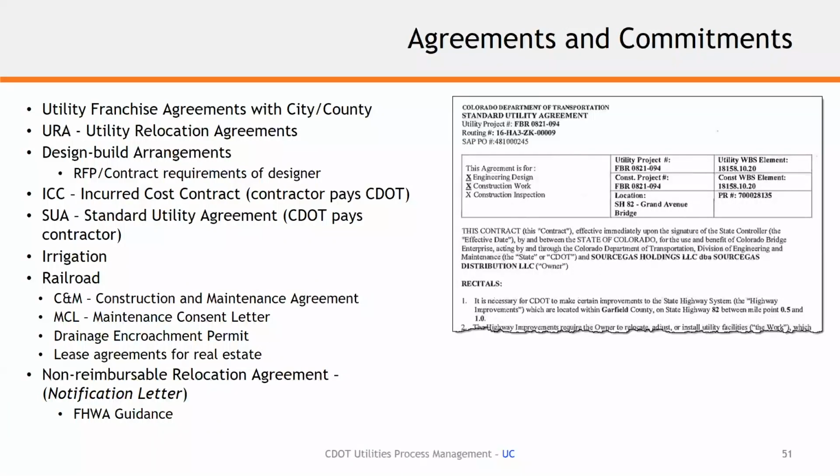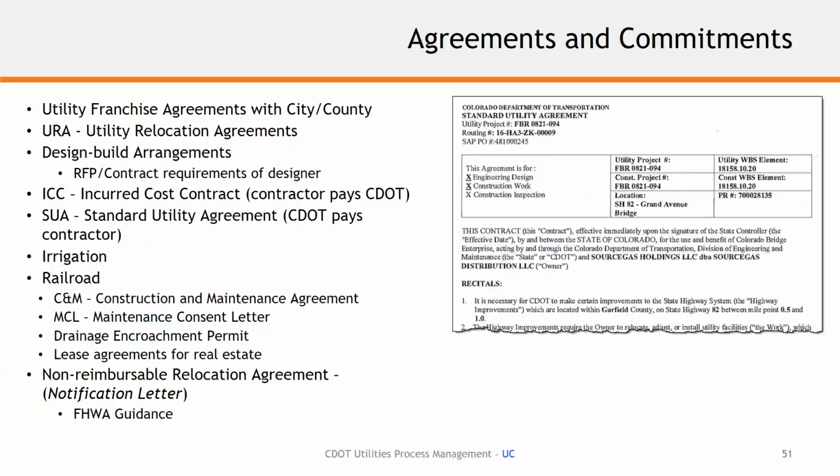So as we move through this 30 to 90%, we've gathered a lot of information based on 30% design. It's continuing into 60%, 90% design. We've identified conflicts based on quality level A information, a conflict matrix. We've developed our work plan, the expectations of the relocations.